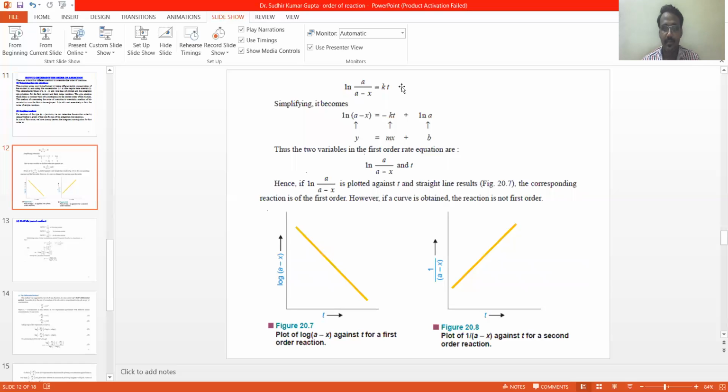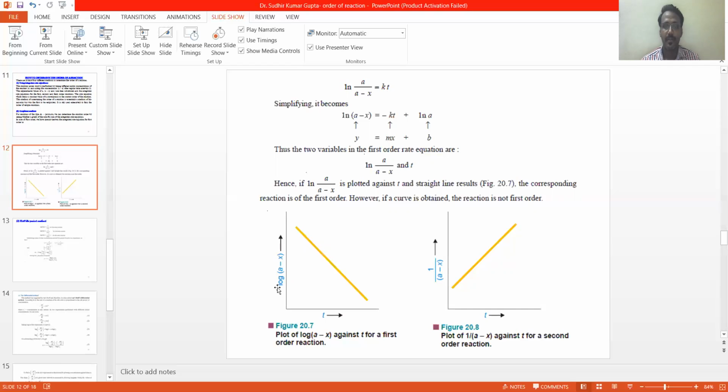So what do we have? There we have the factor log of a minus x and its dependence with respect to t as an inverse relation, because here ln of 1 upon a minus x is proportional to kt. So ln of a minus x will be inversely proportional to t.